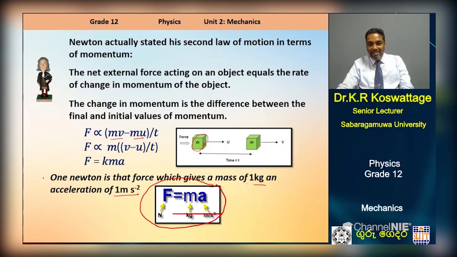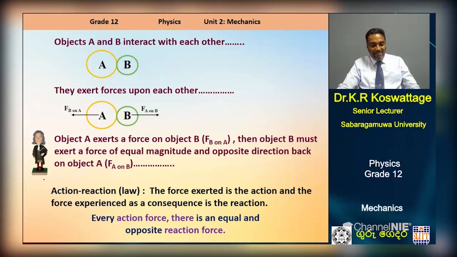So, Newton's third law. Let's suppose we have two objects, A and B, and they interact with each other, so they exert a force upon each other. This is the idea.